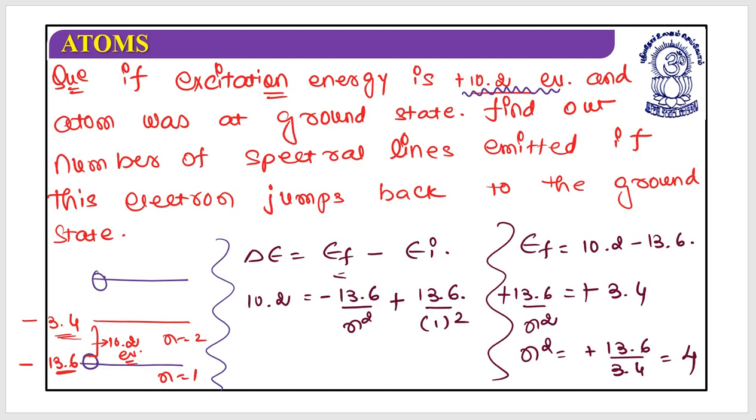The question says find out the number of spectral lines emitted if this electron jumps back to the ground state.